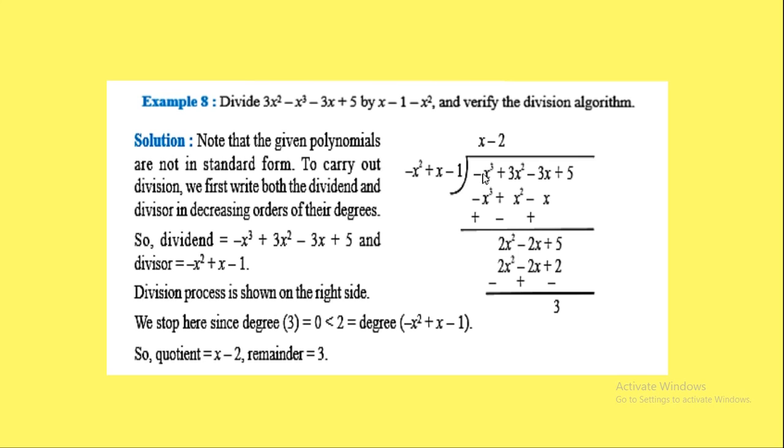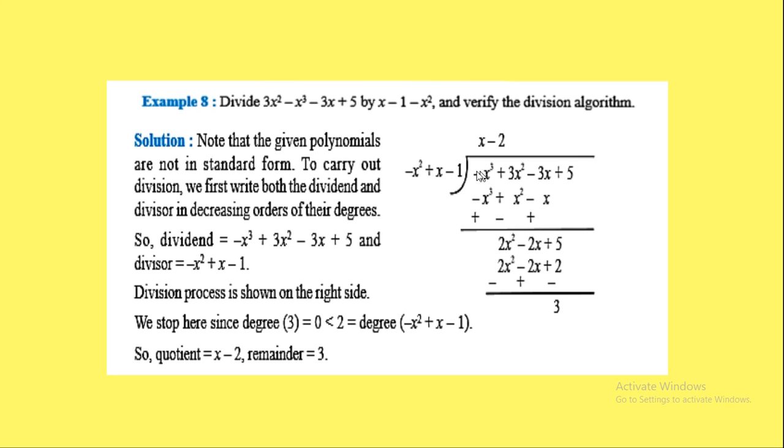Taking the term with the highest degree of x, here it is minus x cube and here it is minus x square. Now we divide minus x cube by minus x square, and we will get x. Multiplying this x by the polynomial, we get x into minus x square is minus x cube, x into x is x square, and x into minus 1 is minus x.